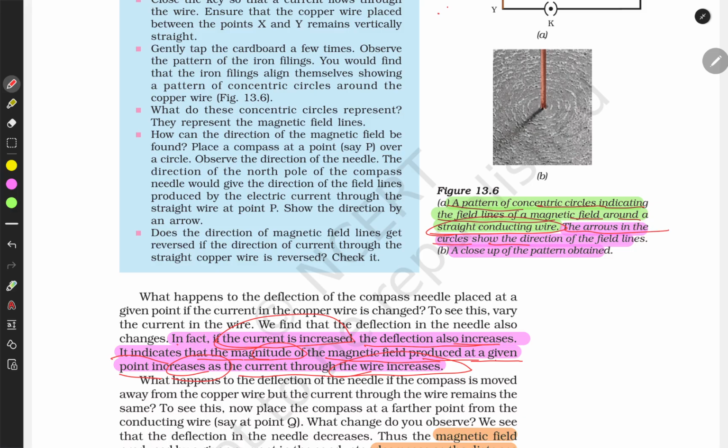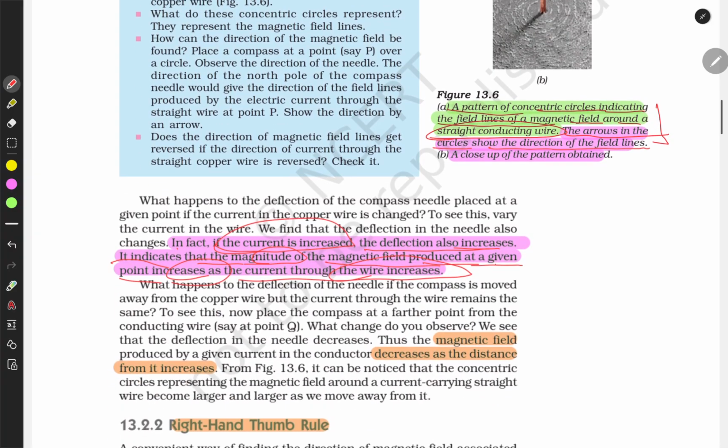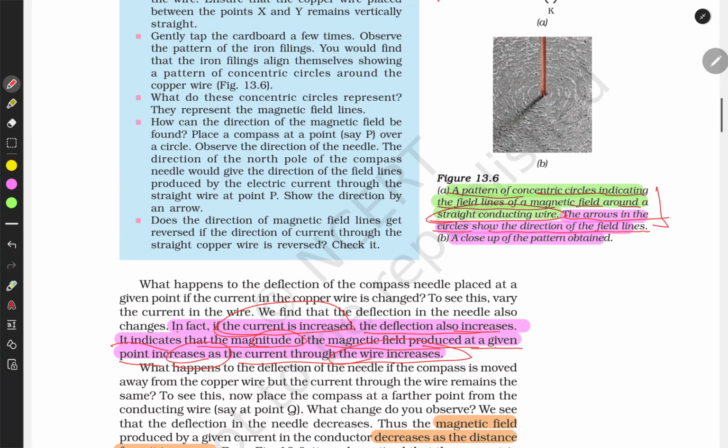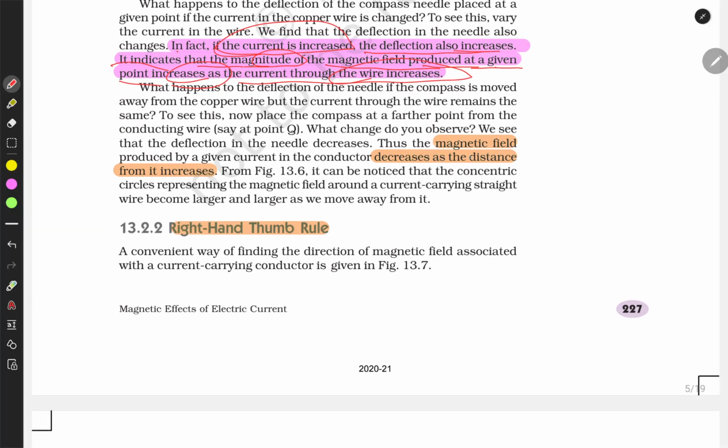The arrows on the circles show the direction of the magnetic field lines. This is the right hand thumb rule. In the second picture is a close up of the pattern obtained when electric current is flowing in this metallic wire. A magnetic field forms.